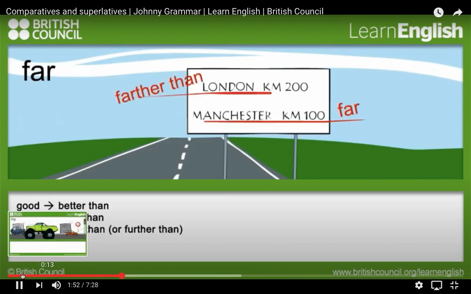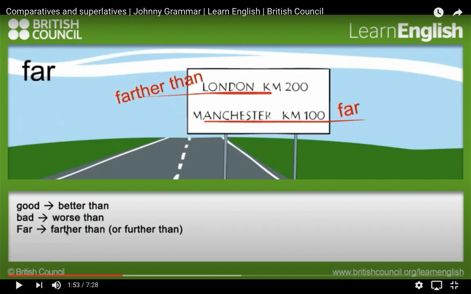Far is changed to further. So we have London is further than Manchester. Good, better, bad, worse, far, further.